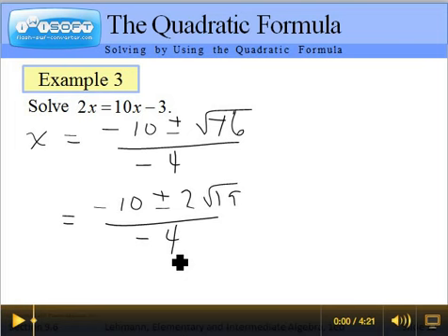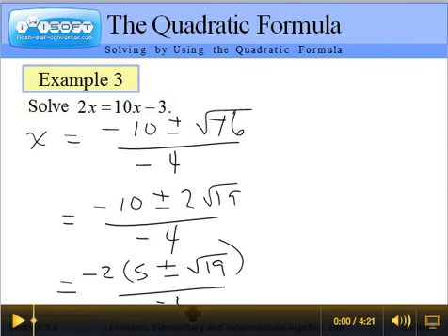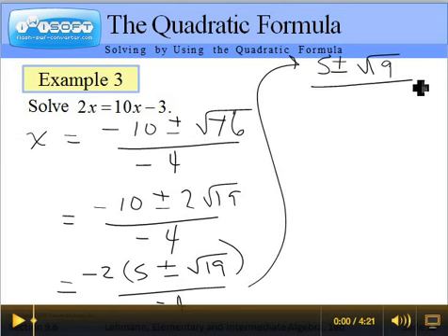So I can factor out a 2 from everything. I can actually factor out a -2 from everything. This would give me 5 plus or minus the square root of 19 all over -4. I could then cancel this -2, which will give me 5 plus or minus the square root of 19 over +2. So x is equal to 5 plus or minus the square root of 19 all over 2.